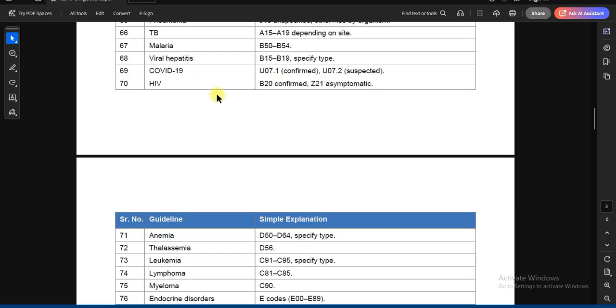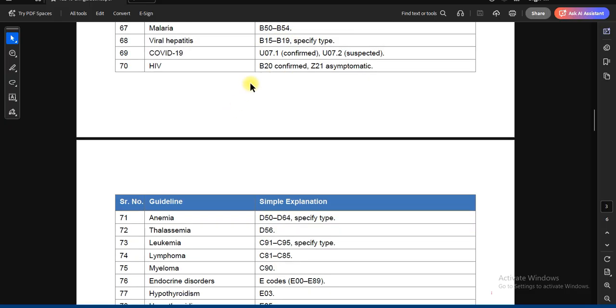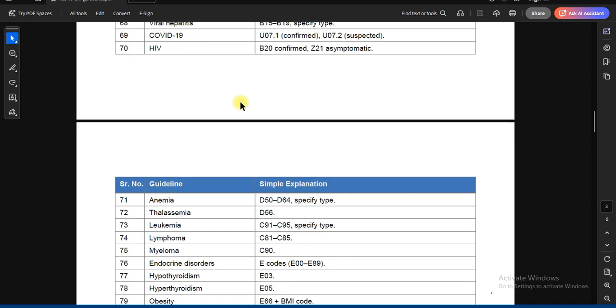For malaria, we need to use the underlying disease like B52, B54 series codes. For viral hepatitis, B15 to B19 series based on the specific type of virus. COVID-19: if it is confirmed, we need to use U07.1 series. If COVID is suspected in the documentation, we need to use U07.2.